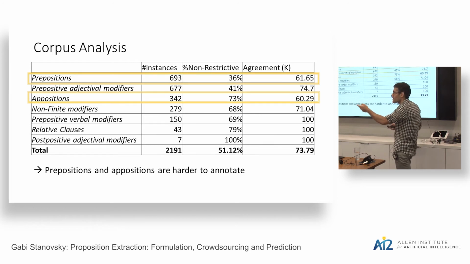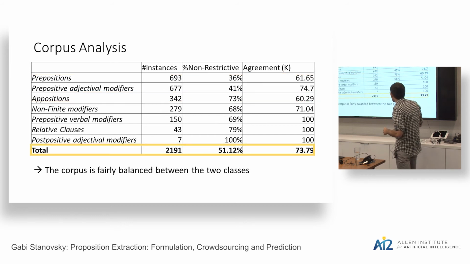So I think the question that someone asked here, that's specifically a harder one. So we can get lower agreement level specifically on prepositions. So the from Austria part, that was indeed confusing to some people. And similarly for appositions. But that may be a quirk of the annotations because the appositions are supposed to be non-restrictive by nature. So there's something here.